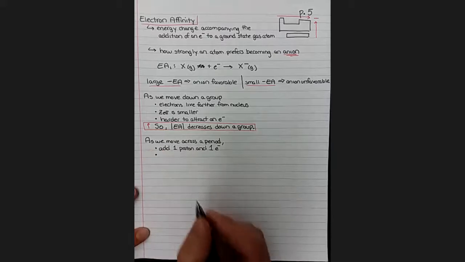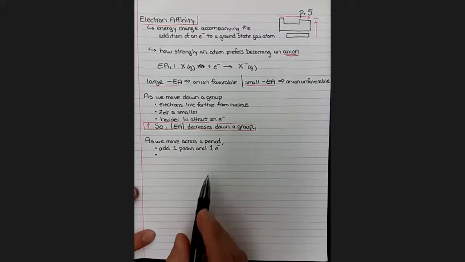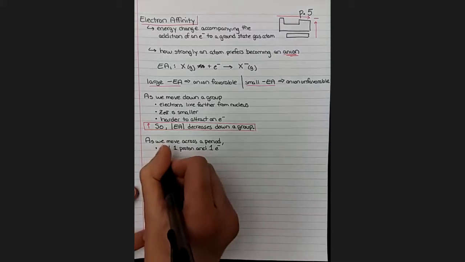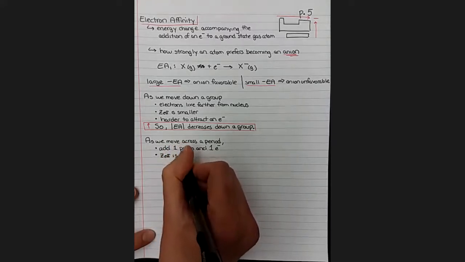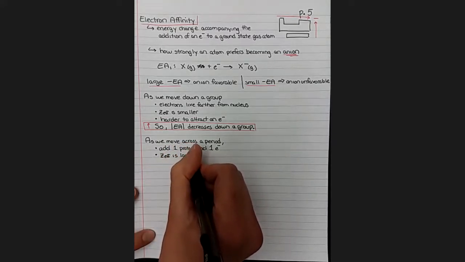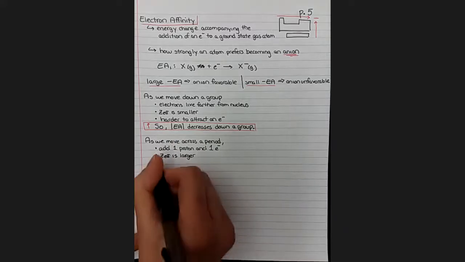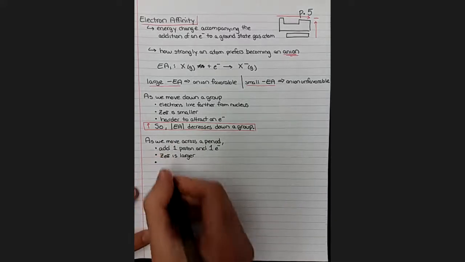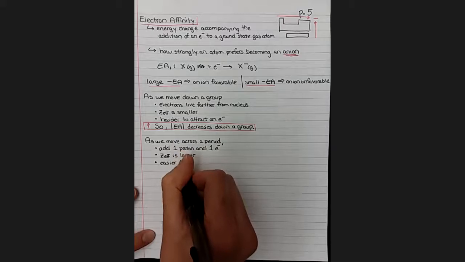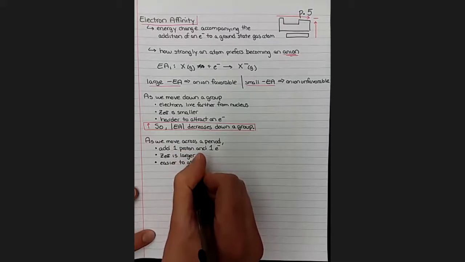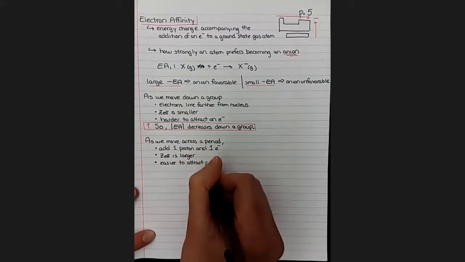And those valence electrons are added to the same shell, so they don't have much of a shielding effect, but adding additional protons increases the effective nuclear charge because we're physically putting more positive charge in the nucleus. And the more positive charge you have in the nucleus, the easier it is to attract an electron to come and hang out in your atom.